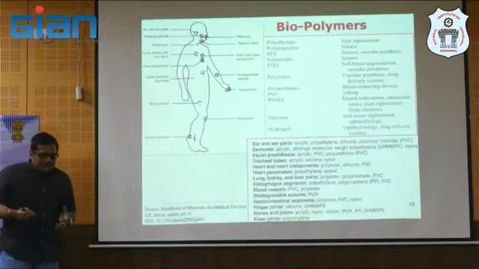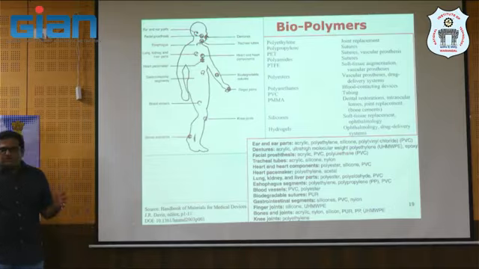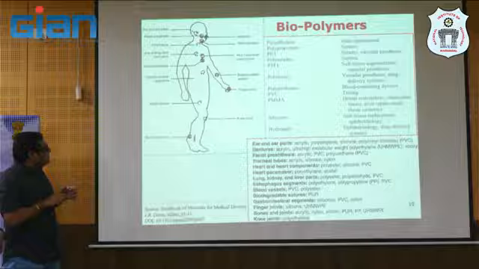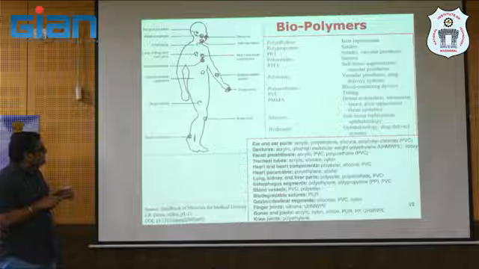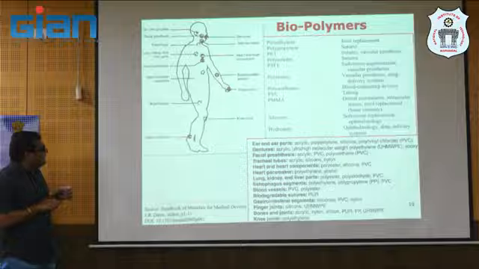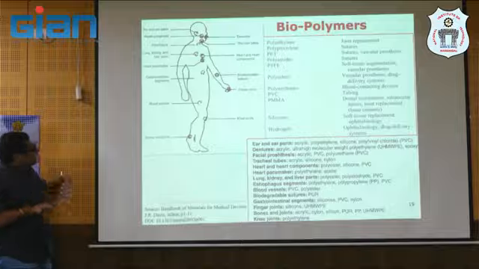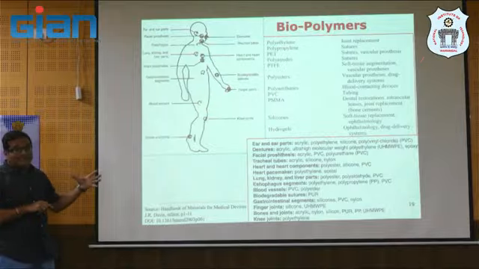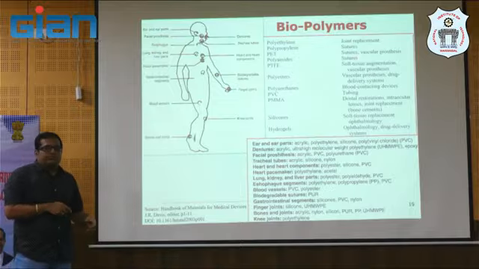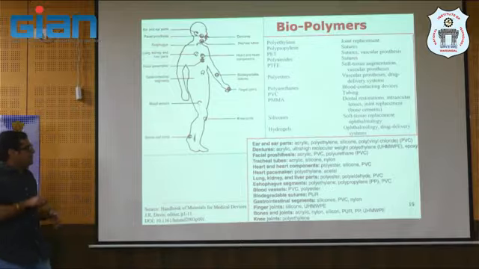And you try to see some polymers. So you see the polymer group. You have plenty of polymers, biopolymers. You have polyethylene and polypropylene, PET, polyamides, PTFE, and polyesters, PVC, PMMA, silicones and hydrogels. And you try to see where these materials can be implanted or placed. Because I'm running short of time, I am not going in depth.